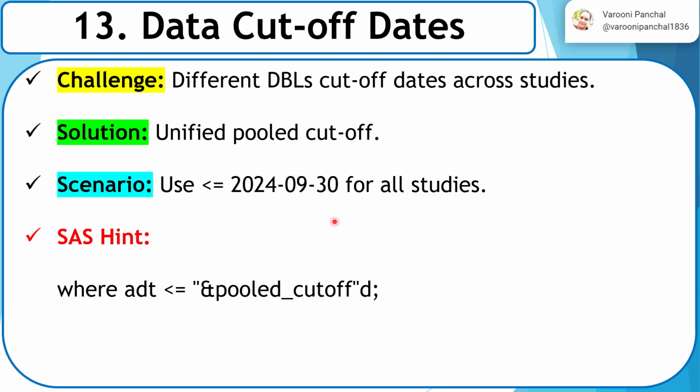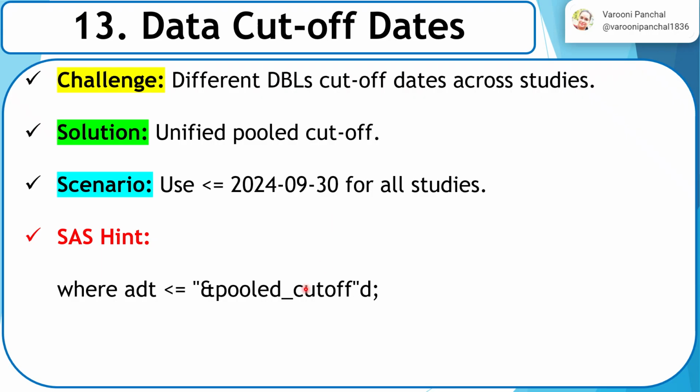Now who can give you this cutoff date? The number one is your primary investigator, who will know that I am conducting this ISS and ISE study only for those databases which have occurred up to this specific date. If that person also is not able to give you the answer, then you can go back to the sponsor, because the sponsor is very much clear that he wants the database up to only this much date, and only the database till that date we need to analyze.